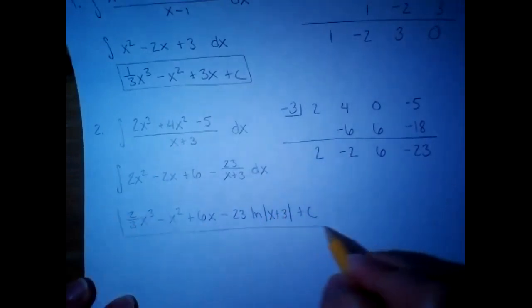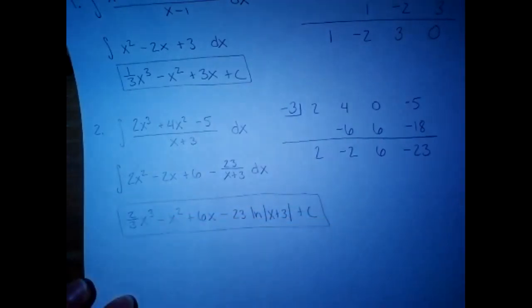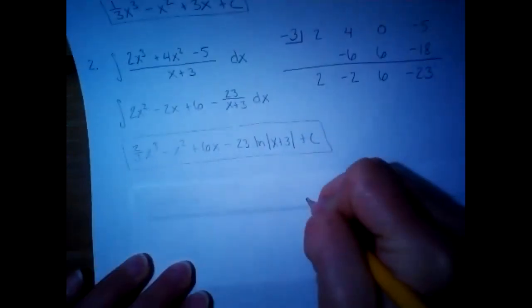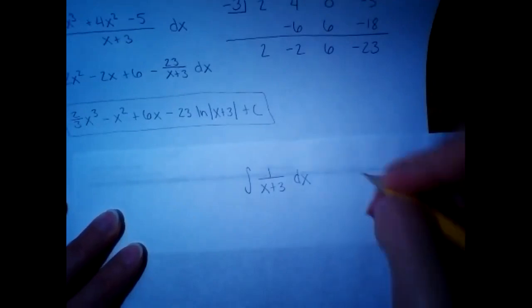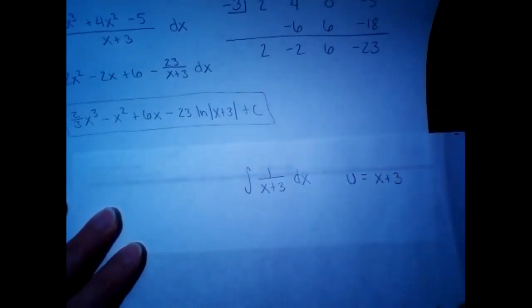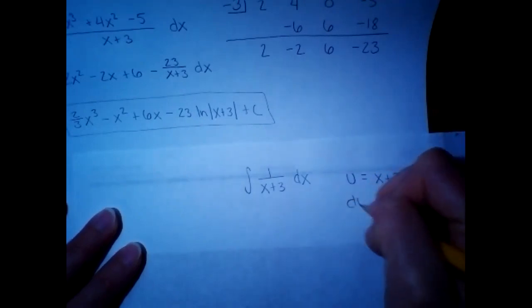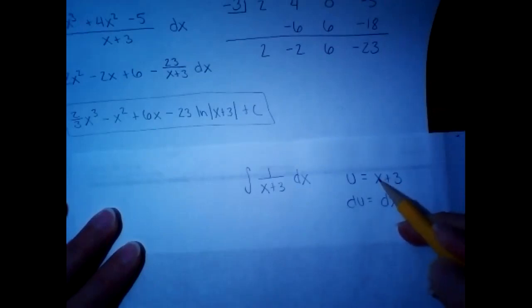Let me show you why that's okay. Because if you're like, wait, why are you allowed to do that with the plus 3 in there? Let me work that out off to the side here and just show you. So if you had this and did a u substitution, you let u equal that denominator, the derivative of that is just going to be dx. Derivative of x is just 1.